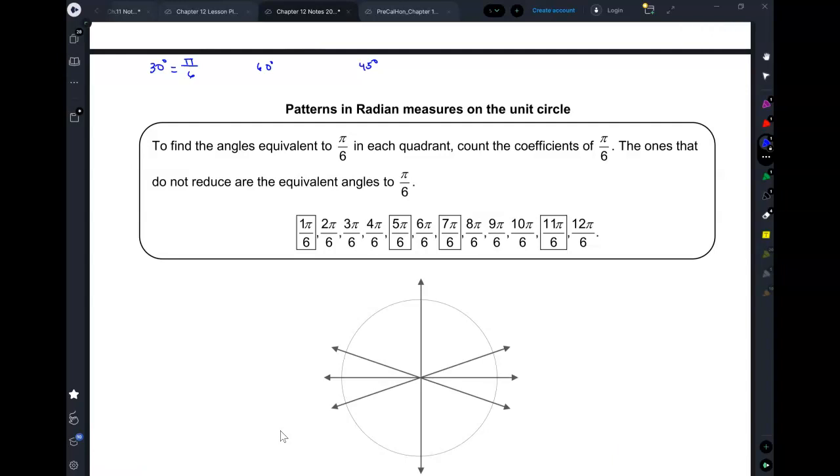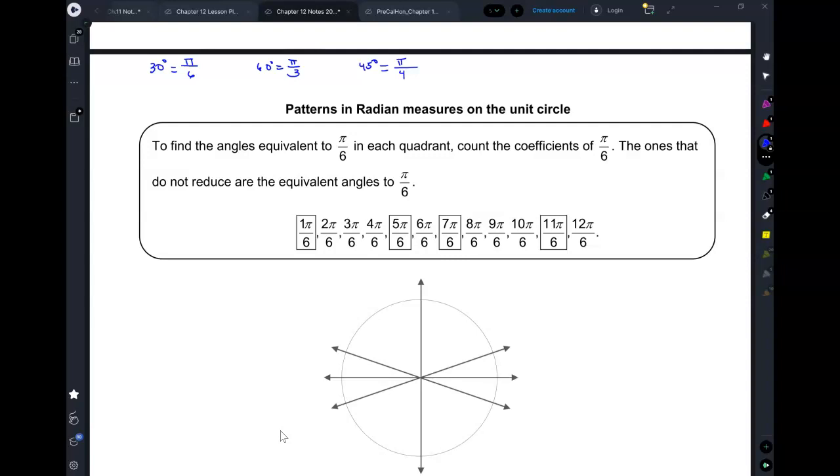Do you see that? 180 divided by what will give you 60? 3. So that's pi over 3. 180 divided by 4 is 45, so that's pi over 4. And these are the special angles in radians, 30, 60, and 45 degrees.